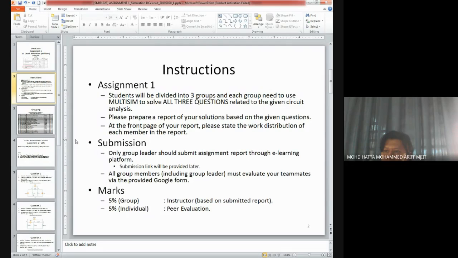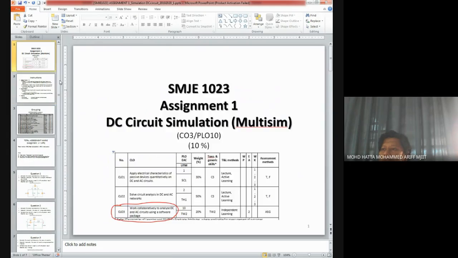Maybe later on, because I would like to finalize the wording over here, how you should follow the instruction of assignment number 1. Basically we have two assignments. This is the first assignment where you need to use Multisim. In your second assignment, also you need to use Multisim in order to finish your task.